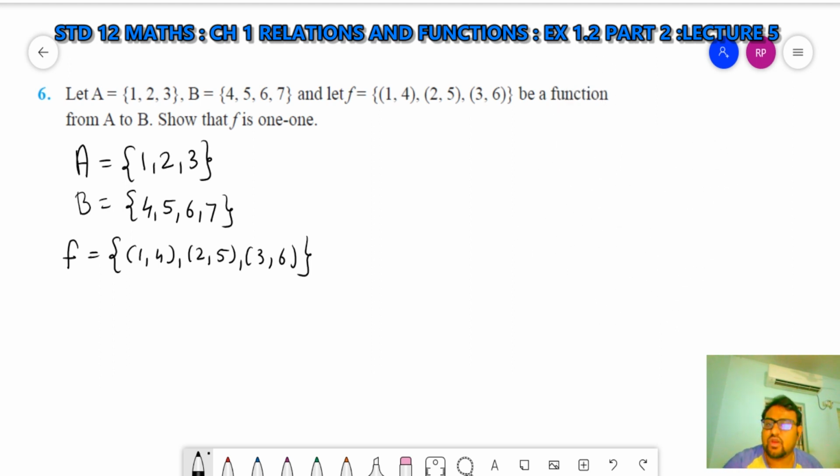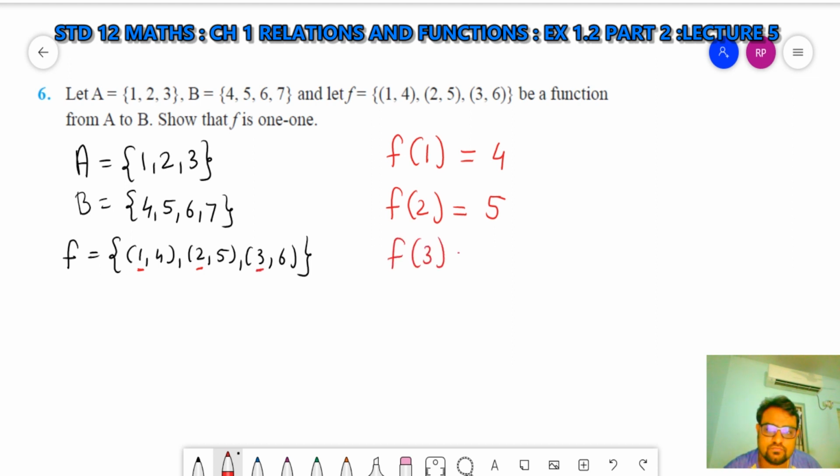So now you have to prove that it is a 1-1 function. From here, what is f of 1? 4. What is f of 2? 5. What is f of 3? 6.